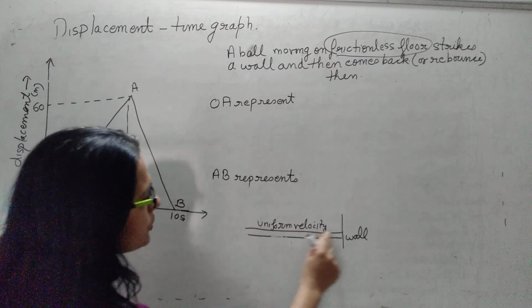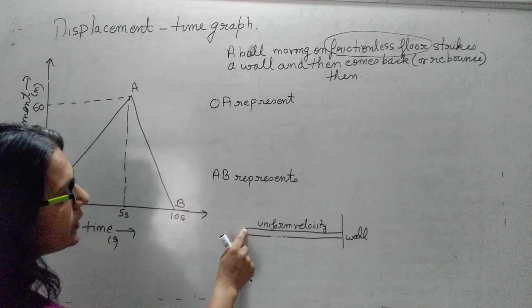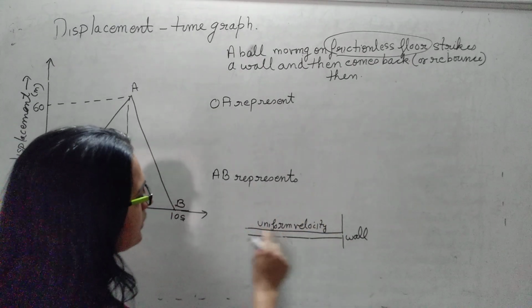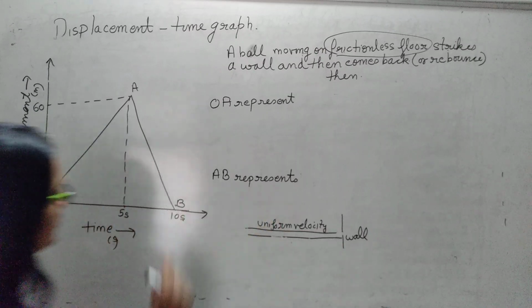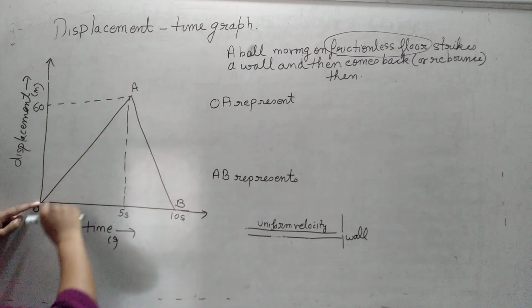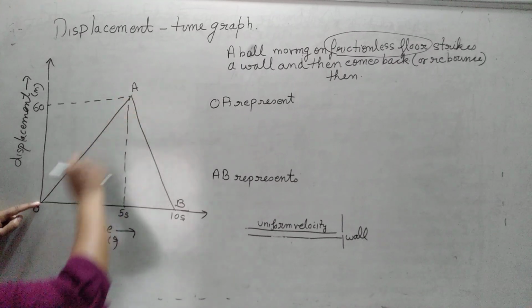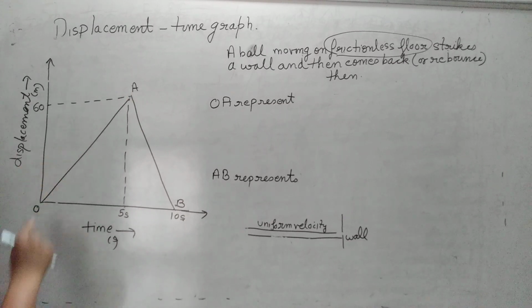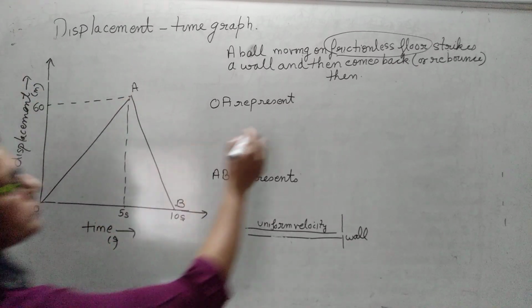So this motion, when the body is moving towards the wall, how do we represent it on the displacement time graph? We know that the displacement time graph for uniform velocity is always a straight line which is inclined at an acute angle. So this OA, what does it represent?